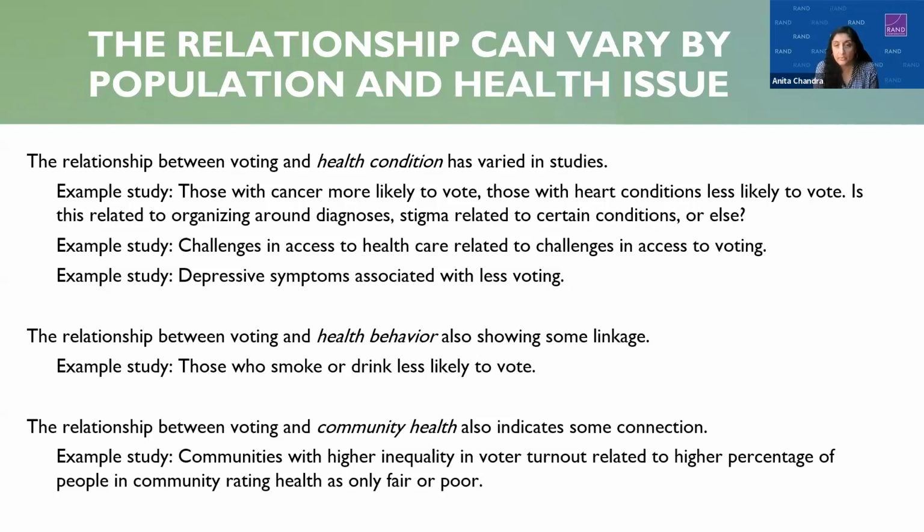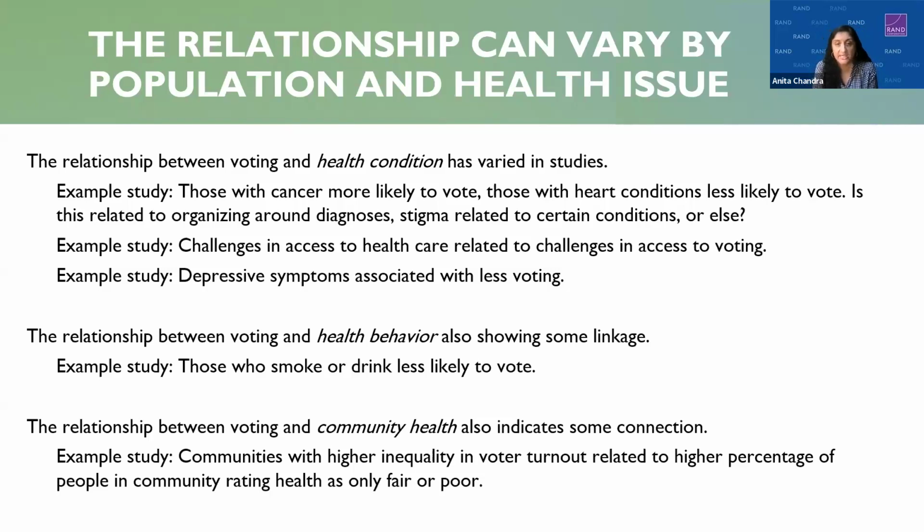So in an older study, which was cross-sectional, looking at data from the Behavioral Risk Factor Surveillance System, which many of you may be familiar with, authors looked at how voter turnout in the presence of one of five chronic conditions might vary. After adjusting for sociodemographic characteristics and some of the health-related confounding factors that we might expect, they actually found that individuals with a cancer diagnosis were more likely to vote, while those with a heart disease diagnosis were less likely to vote.